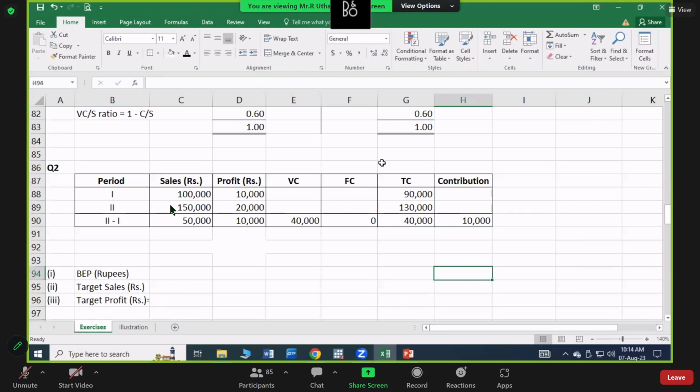Now you know the contribution sales ratio would be 10,000 over 50,000, so it should be 20%. Then 1 minus 20%, that is 80%, represents the variable cost. So you can apply that knowledge: variable cost over ratio of what?